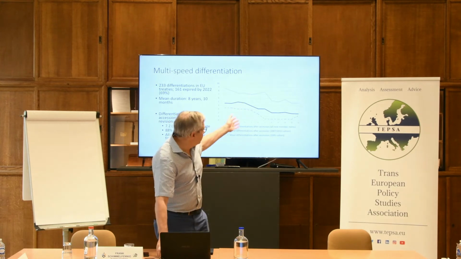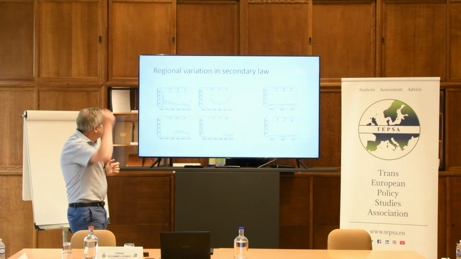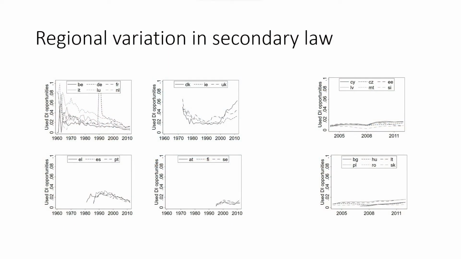But as I pointed out, there's regional variation that we can also see in secondary law. Here is the development of differentiations in secondary law over time. These are the original member states. So there's a lot going on.